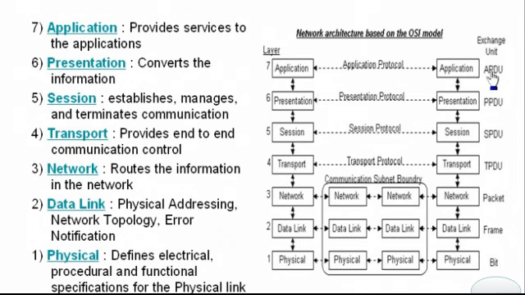So that what ends up happening is that if you were to draw a line at any point in the model, you would see that the packet looks about the same, or looks exactly the same as it did on the other side. In other words, all the information that was added coming down this way has now been taken off, and so if you were to draw a line, it would look the same.